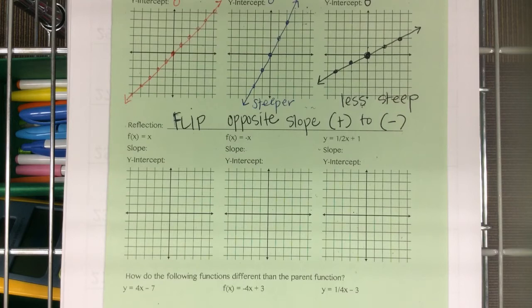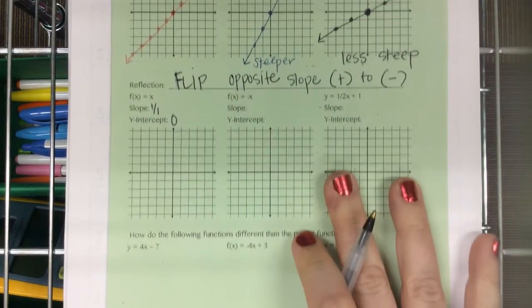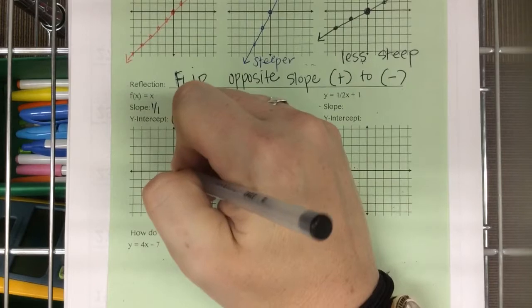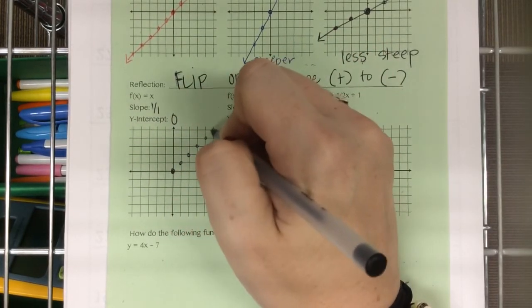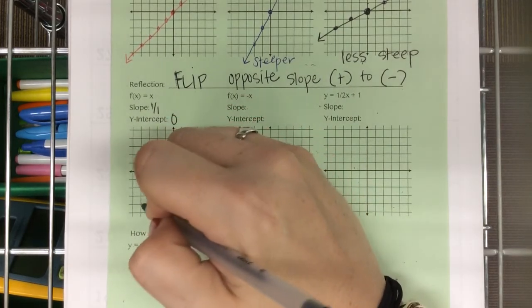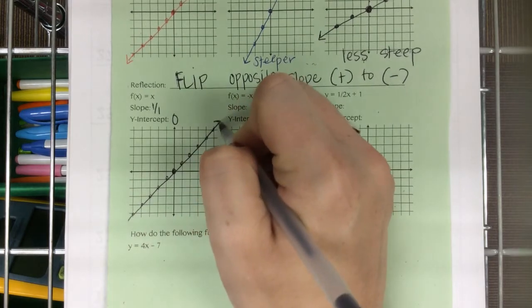So do the first parent function. Slope of a parent function is 1/1 and the intercept is 0. Perfectly diagonal through the graph is the parent function.